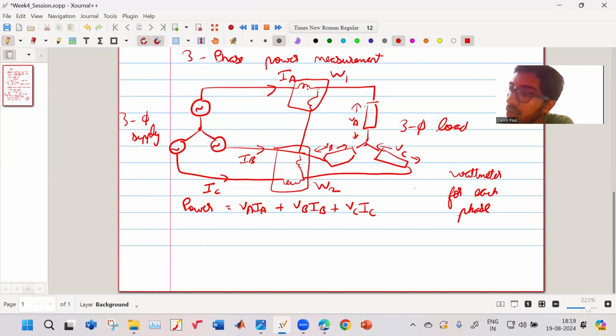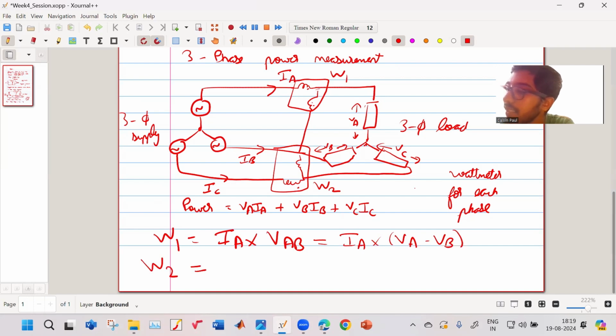So this is the current coil of wattmeter 1. This is the voltage coil of wattmeter 1. This is the current coil of wattmeter 2, and this is the pressure coil of wattmeter 2. So if you see, wattmeter 1 is measuring IA into VAB. So it is actually measuring IA into VA minus VB. What is your wattmeter 2 measuring? The current coil is measuring current IC.